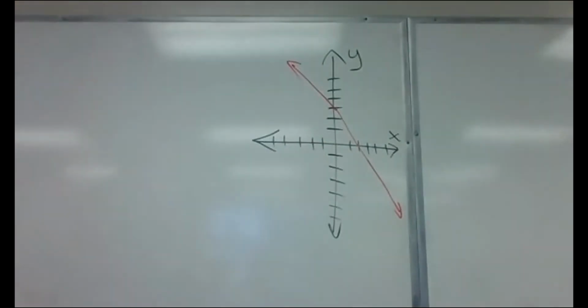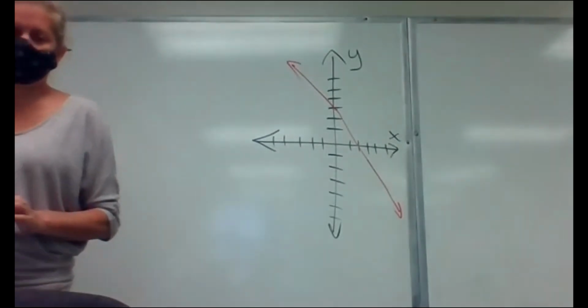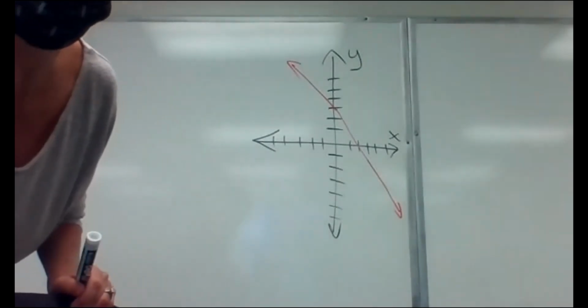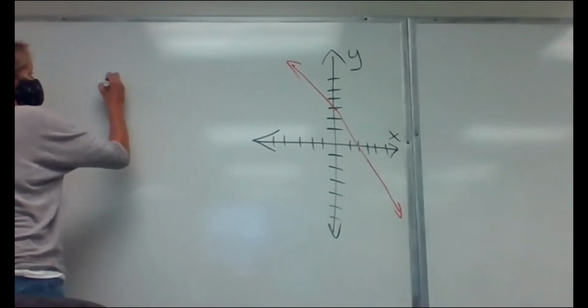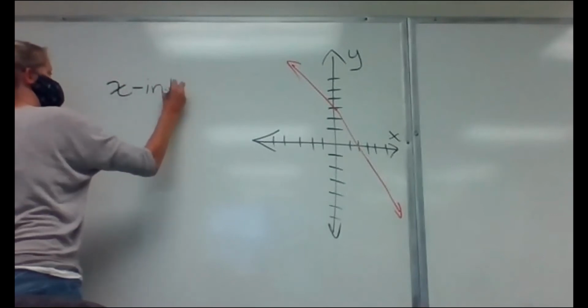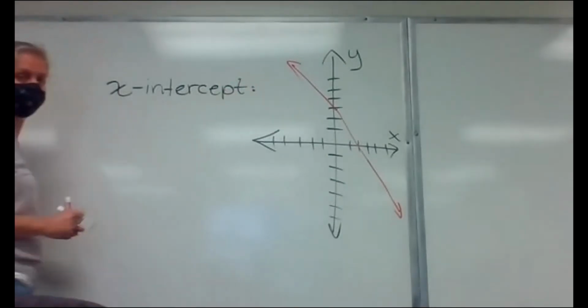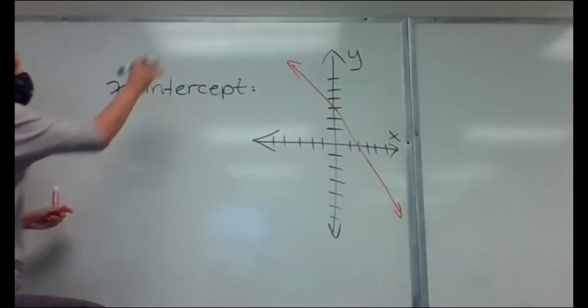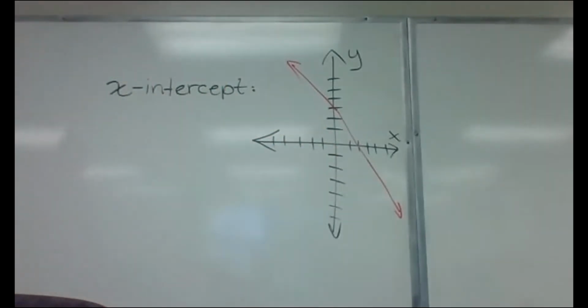Not a very straight line, but we'll just pretend like it is. There's two important points on this graph that are called intercepts. Your X-intercept is going to be where this red line crosses through the X-axis.